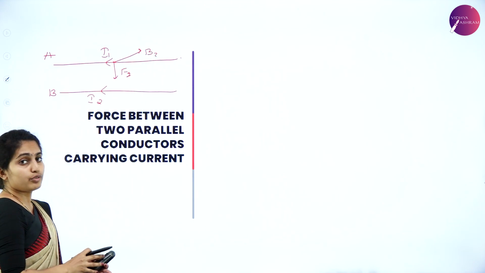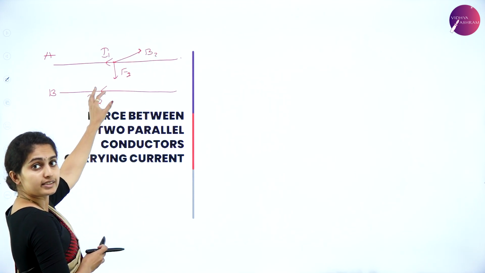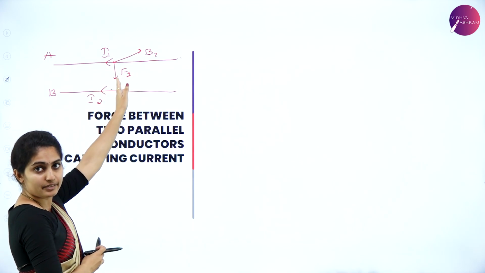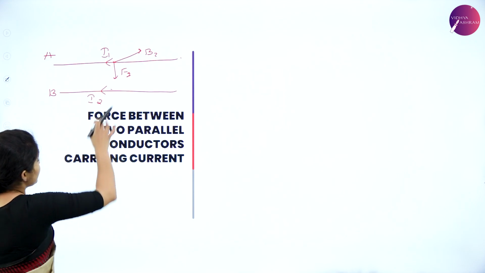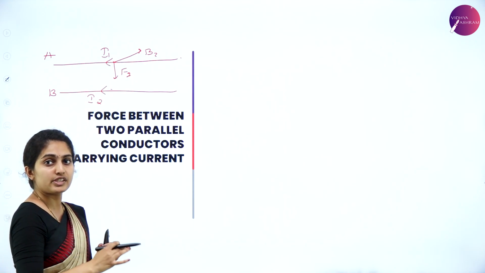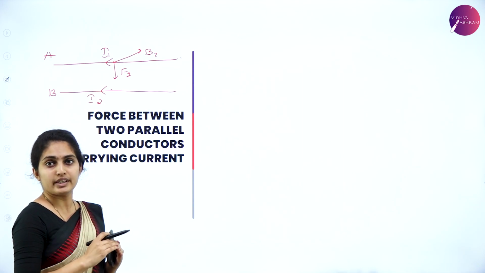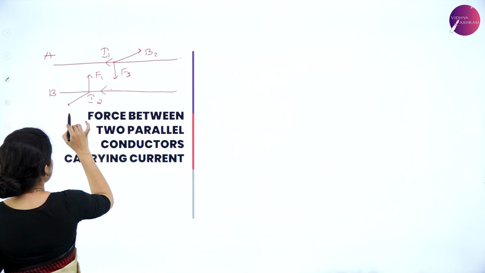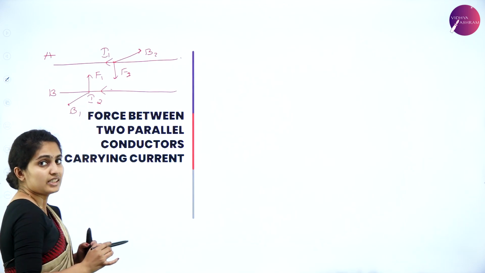So we have the force on the I2 conductor due to the conductor through which the current I1 is flowing. Similarly, the force F1 and the field B1 act on the conductor carrying the current I2.